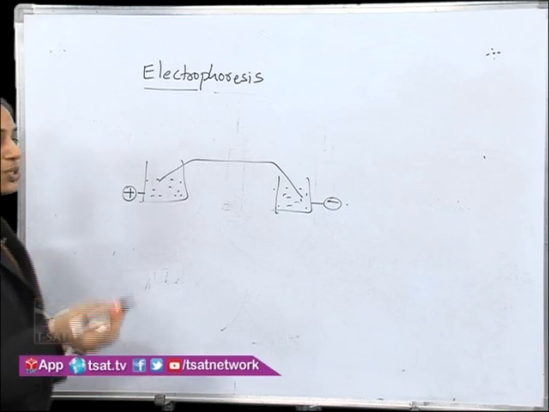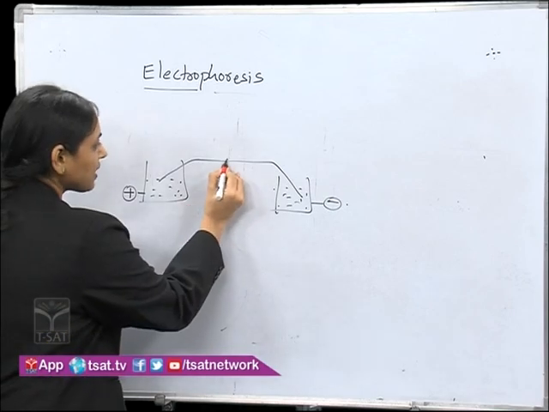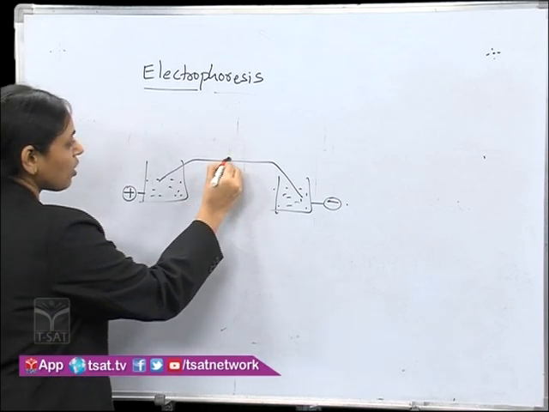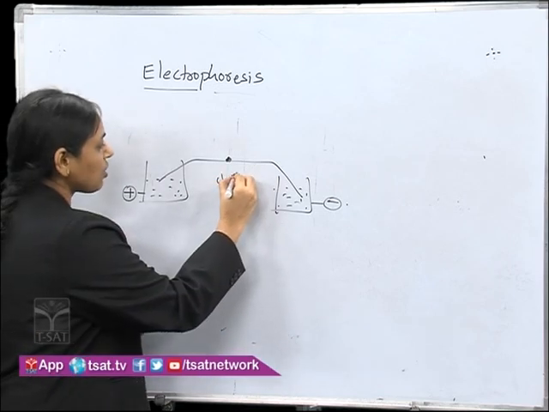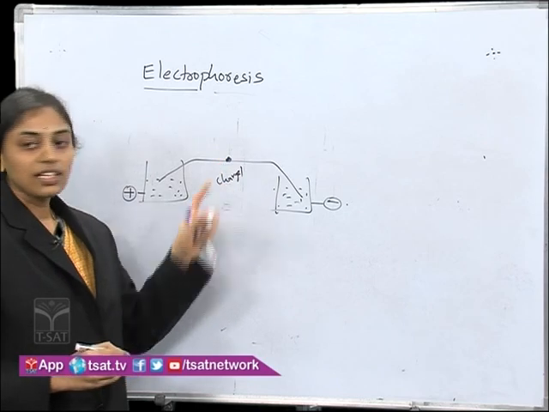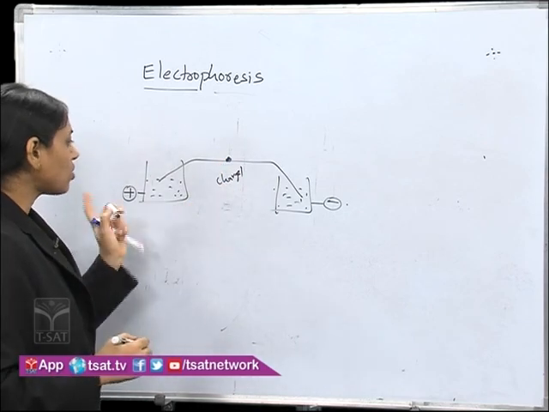And the sample which we are going to separate should be applied at the middle of the paper, and based on the charge by mass ratio of the sample particles, they move towards either anode or cathode.